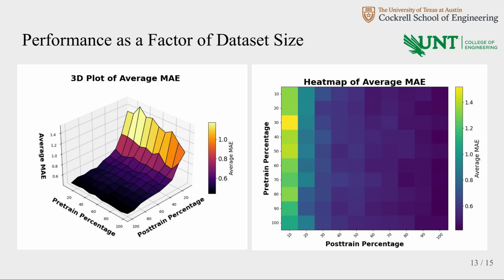But generally, it looks like the model is getting worse as we remove data from the pre-training data set. But it still does perform pretty well with even 10% of the data set size. So it implies that the amount of pre-training data is not all that important, but of course, 100% pre-training data, all 40,000 data elements, is still very good.